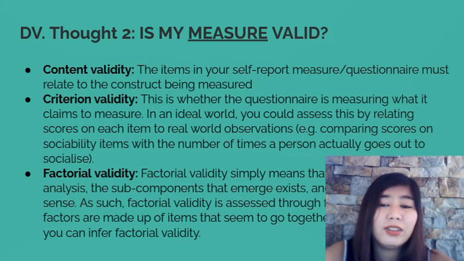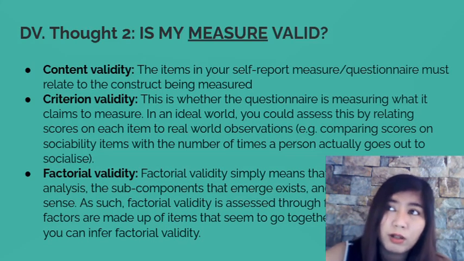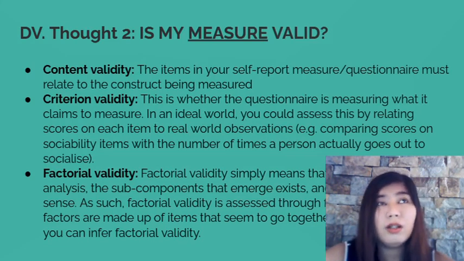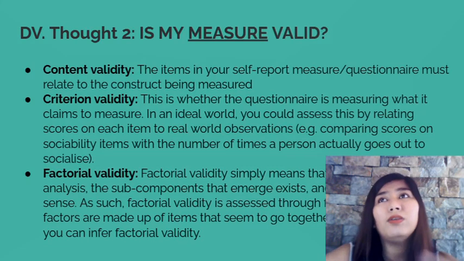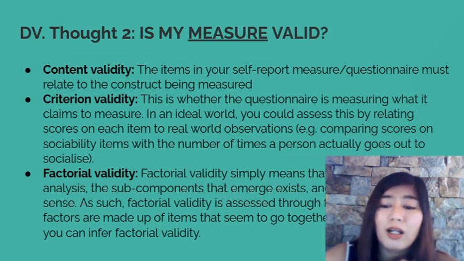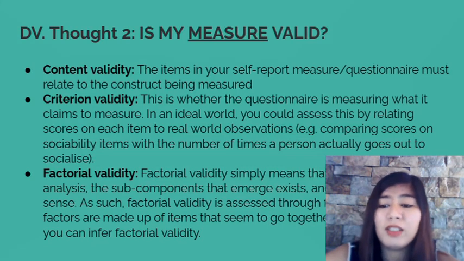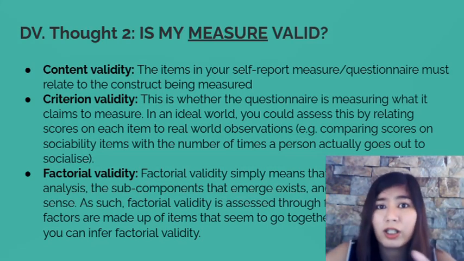Another thing that you need to consider is the validity of your measure, of your variable. So in particular, we are referring to the psychometric properties of the instrument that you're going to use. So for content validity, we're testing whether the items in this scale are representative of the construct that you're trying to capture.